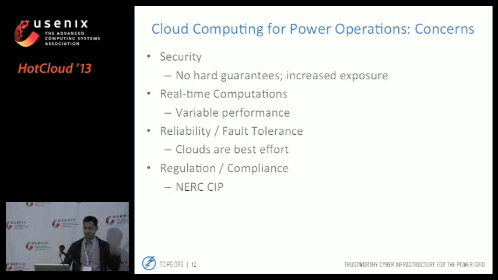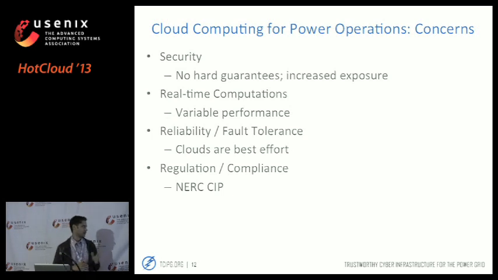So what are the concerns? On security, you don't have hard guarantees provided by the cloud providers right now, and it increases exposure, at least from the sector's view. On real-time computation, real-time doesn't mean fast, it means deterministic response times, which is not always true. Our understanding is clouds run on best effort. The same thing goes with reliability.